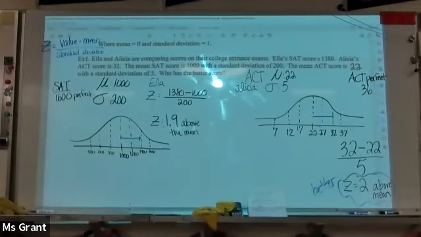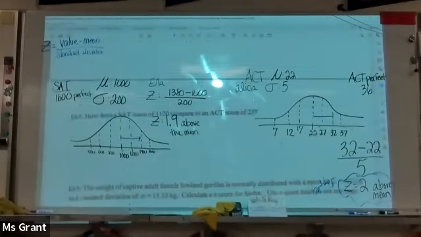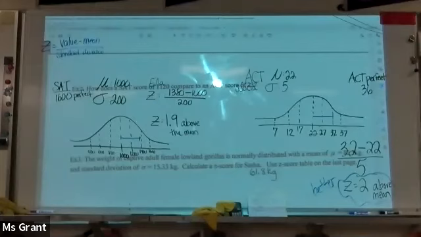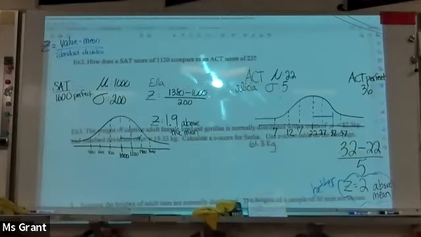Okay, all right, let's keep going. I need to use this information because the next problem asks how does the 1120 compare to a 23? So I'm actually going to keep some of my data up here.